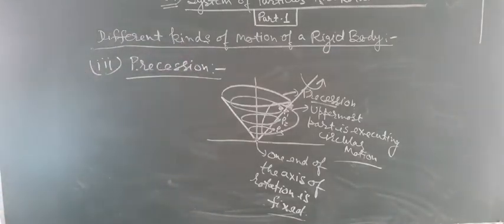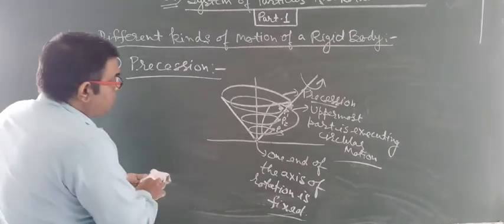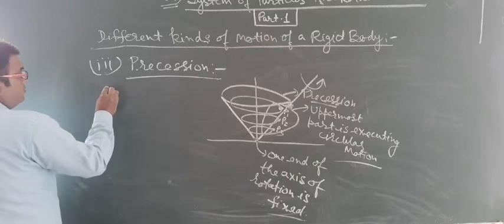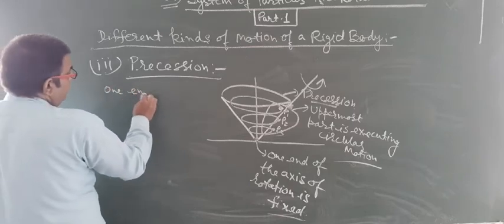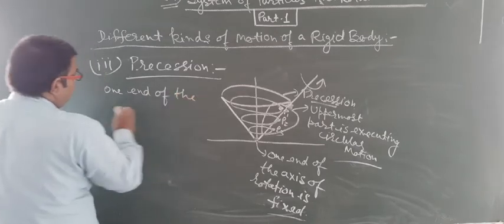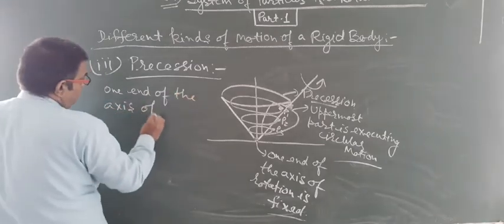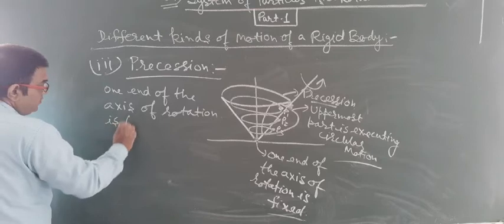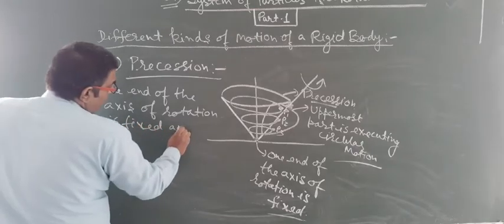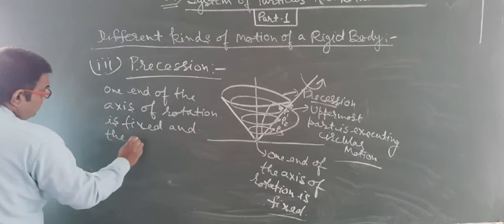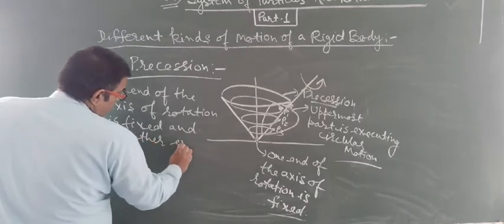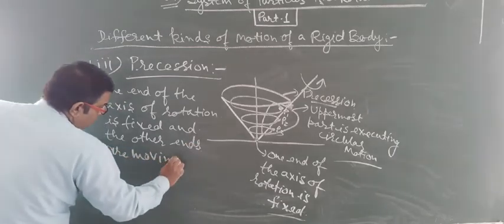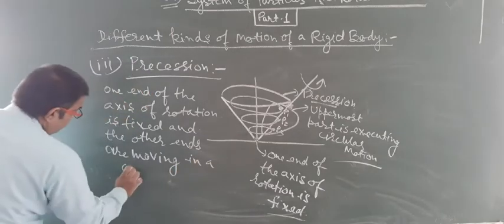So in precession, we can say that one end of the axis of rotation is fixed, and the other ends are moving in a circular path.